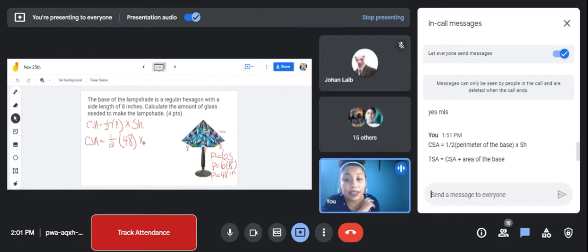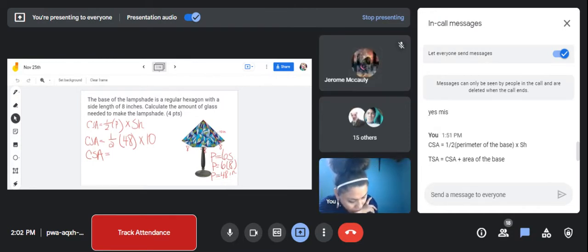What is the slant height now? 10 inches, miss. Very good. So if you solve this, what do you get? 240, miss. 240 inches squared.